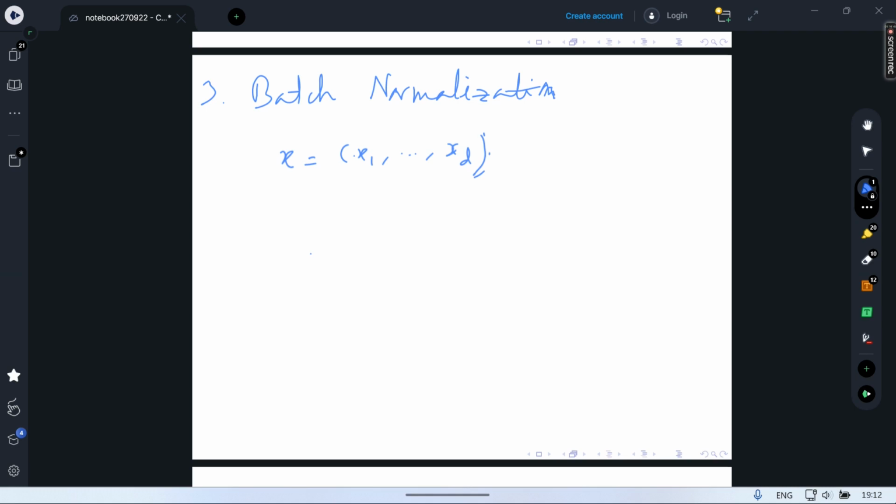So you transform and create a normalized input like this: x1 minus mu x1 divided by sigma of x1, where mu x1 is the mean of the feature x1 and sigma x1 is its standard deviation.